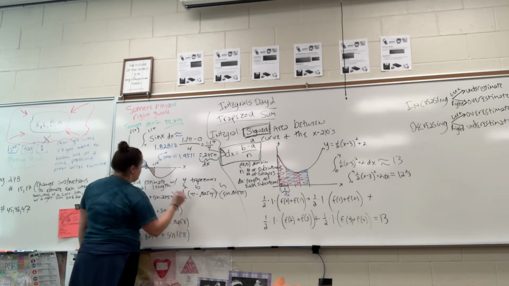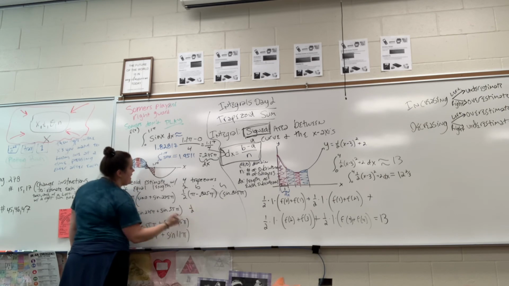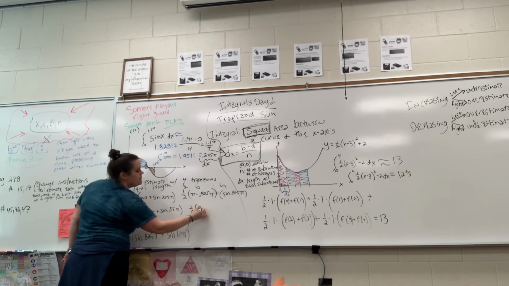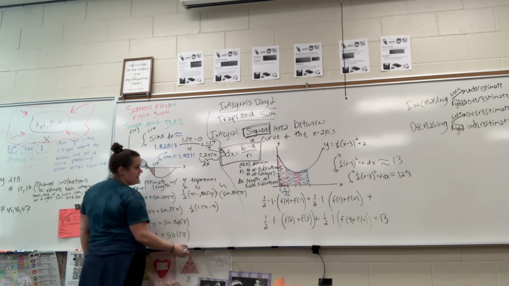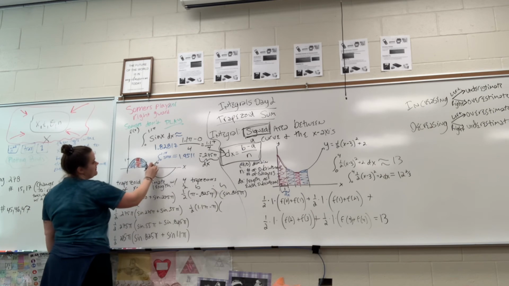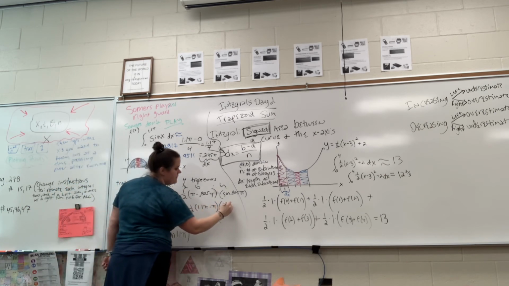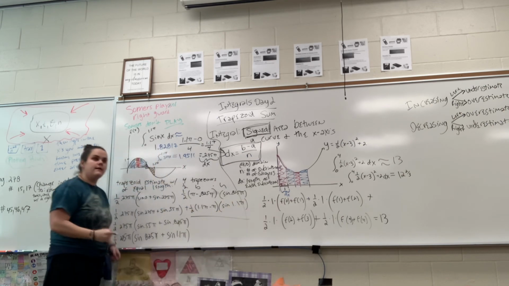Then I would add that to this one, which would be 1/2, and I would go from 1.1 pi minus pi, that's my base length, times the sine of 1.1 pi. And then I would add those two things together, right?